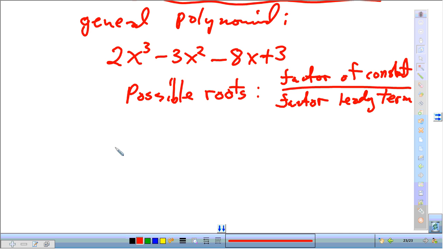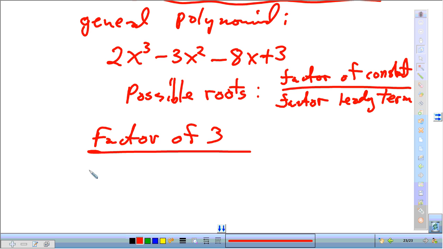So in this case, a factor of 3 divided by a factor of 2. So those are possible roots.